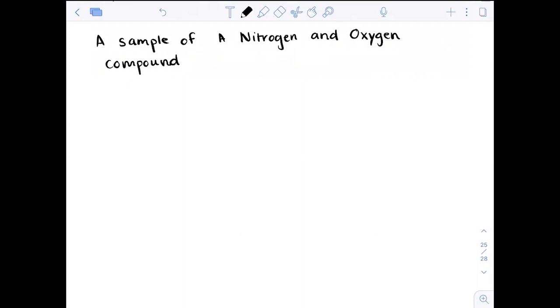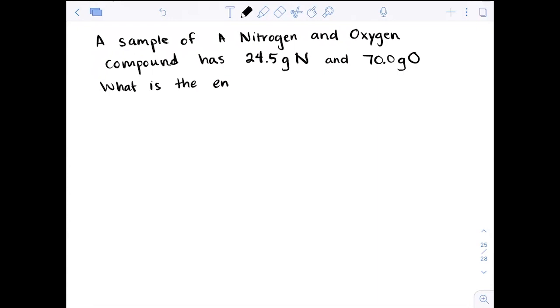If we don't have the chemical formula, say we have component data like this, a sample of a nitrogen and oxygen compound has 24.5 grams of nitrogen and 70 grams, I'll say 70.0 for sig figs, we won't need the sig figs, of oxygen. What is the empirical formula?